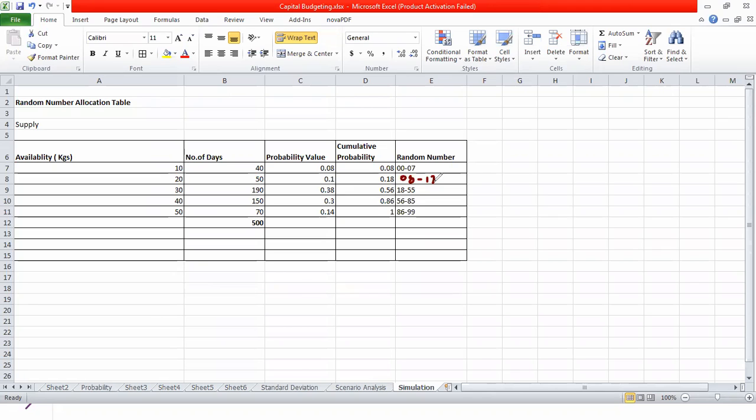Okay, if you want to understand the logic, that also you can understand. If you count from 0 to 7, you should get 8: 0, 1, 2, 3, 4, 5, 6, 7. If you count from 08 to 17, you should get 10. If you count from 18 to 55, you should get 38. Count and see from 18 to 55.